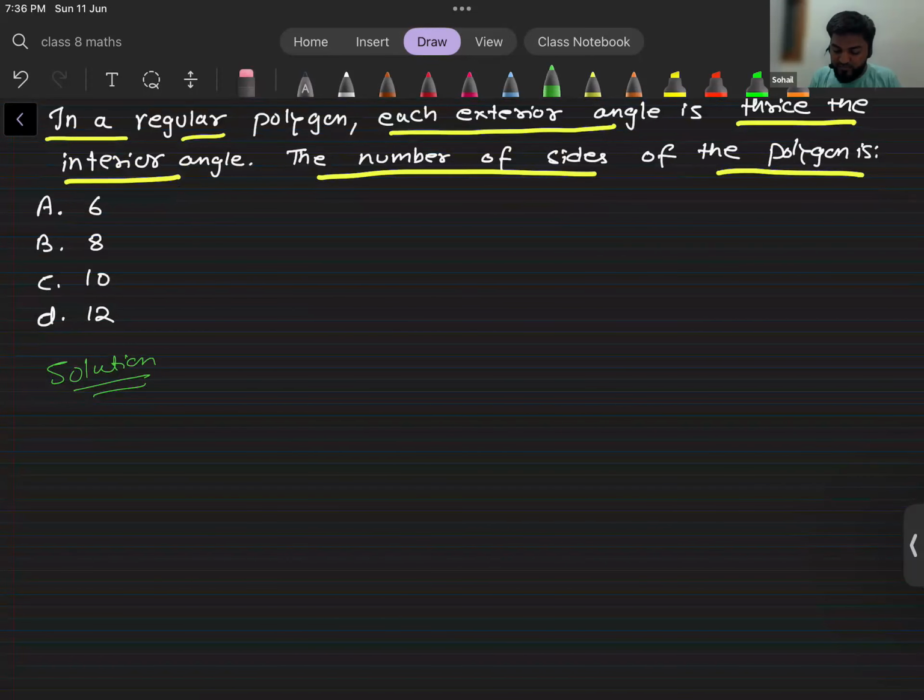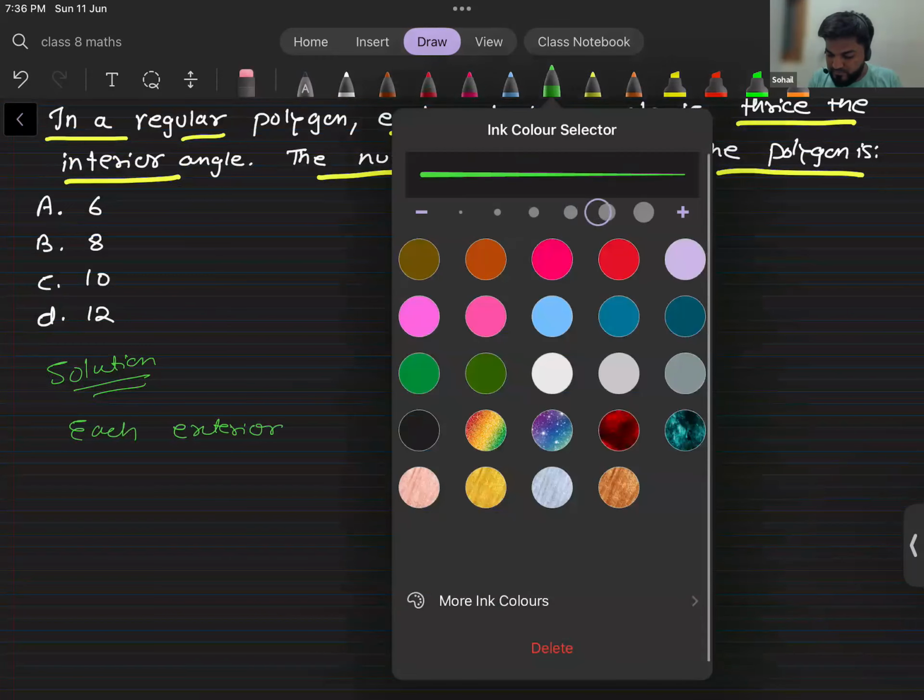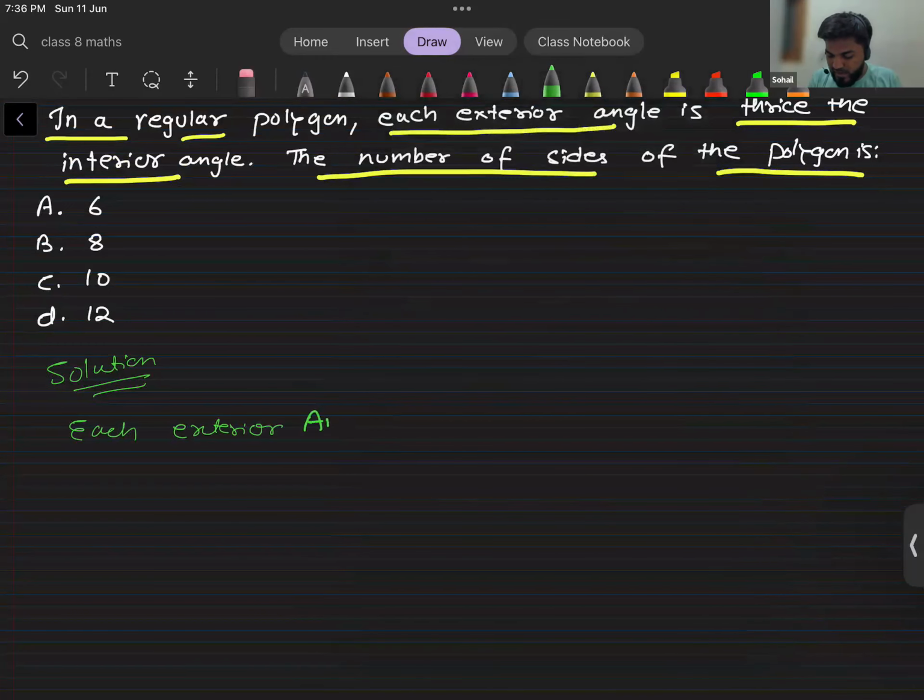So we write: each exterior angle equals 3 into interior angle.